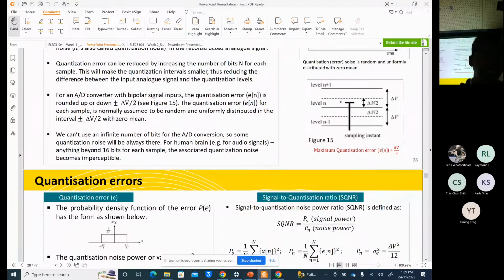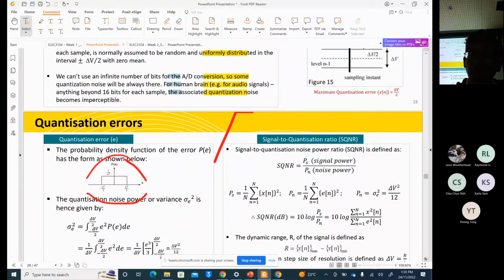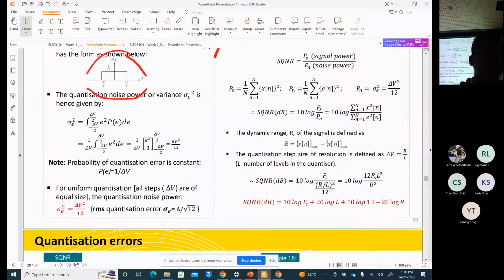So this is the distribution. In this distribution, the probability is this one, and with this probability, you can find the quantization error power.